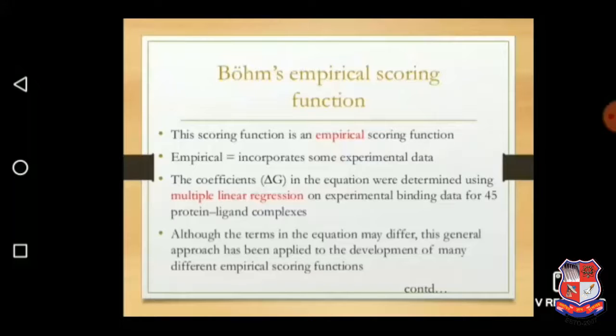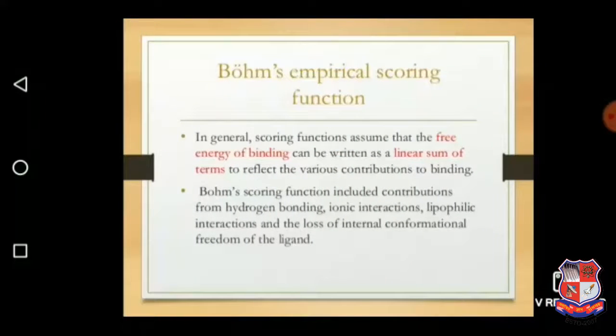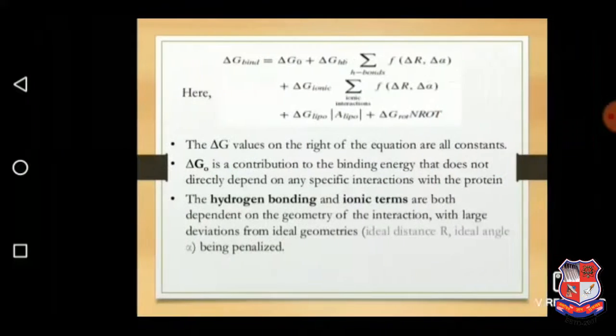Although the terms in the equation may differ, this general approach has been applied to the development of many different empirical scoring functions. In general, scoring functions assume that the free energy of binding can be written as a linear sum of terms to reflect the various contributions to binding. Bohm's scoring function included contributions from hydrogen bonding, ionic interactions, lipophilic interactions, and loss of internal conformational freedom of the ligand.